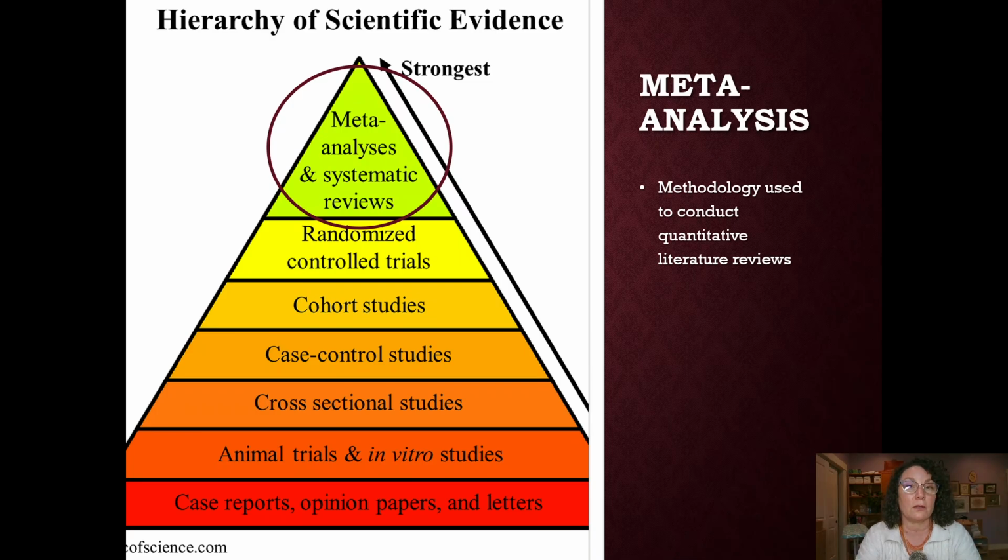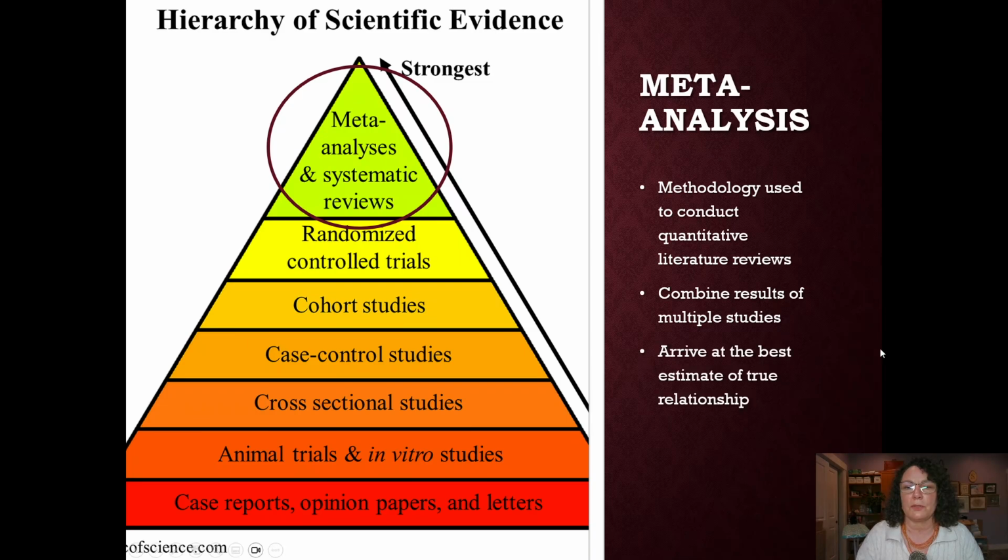So you take all those studies together, you take all their data as if it was one big study. You put it all together into one big analysis, and that gives you much more robust results. You have a lot more confidence that this is the real pattern when you've taken all of these different studies and put them together and treated them as one. So you combine the results of multiple studies, and you arrive at the best estimate of the true relationship as a result of that.